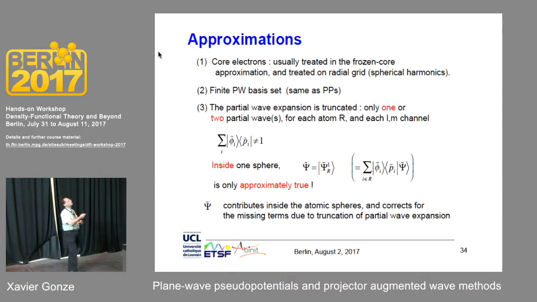Usually only one or two partial waves for each atom and each angular momentum channel will be taken into account, which means that the constraint that I have not described, we should have kind of a completeness relationship inside the sphere, is not fulfilled, but there are compensating quantities so that this method even works with one or two partial waves inside the spheres.